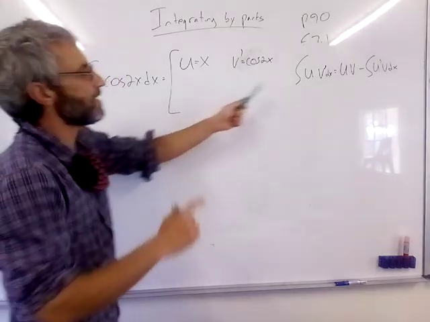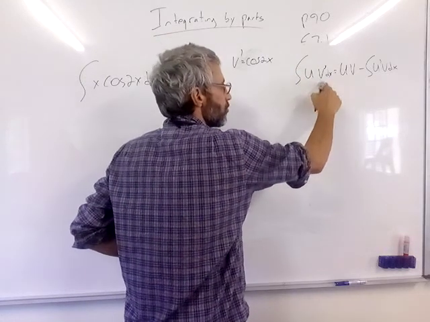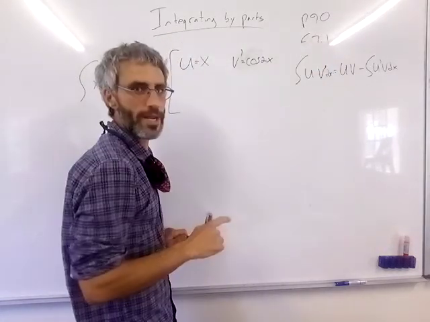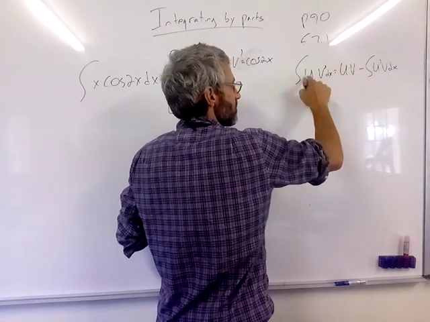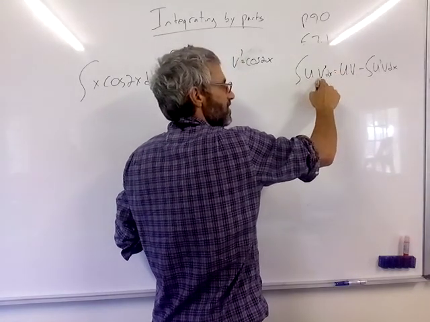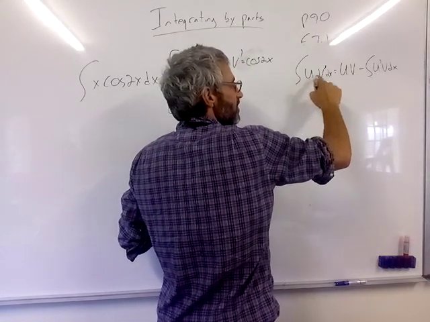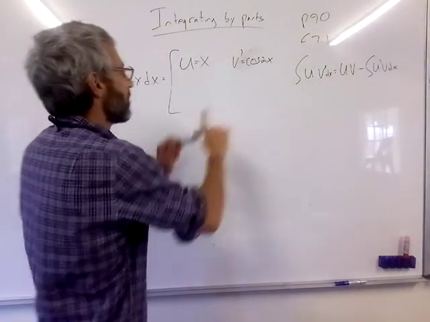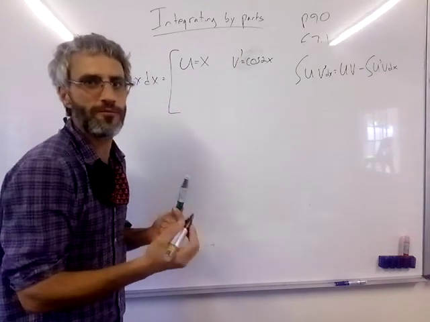So what does integration by parts tell us? It tells us that if I have a function times the derivative of a function and I need to integrate it, what you've got to do is take this function times the integral of this, minus the derivative of that times the integral of that. So I'm replacing it. I start with u and v prime, and I need to decide which is u and which is v prime.